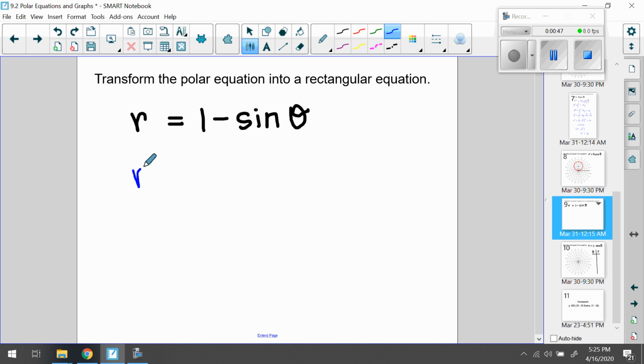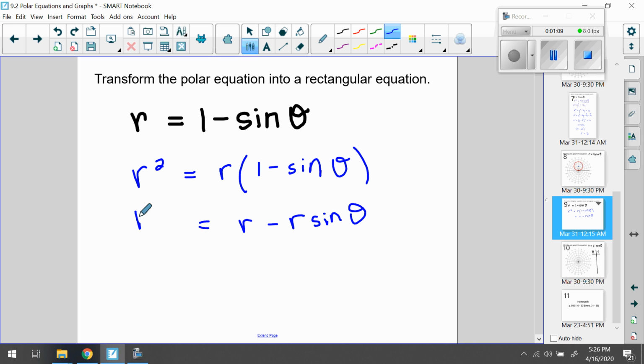So if I multiply both sides by r, I'm going to get r squared equals r times 1 minus sine theta. And if I distribute that, that becomes r minus r sine theta. And I still have r squared over here.